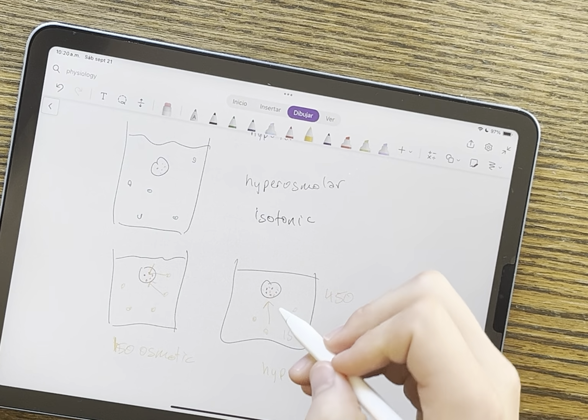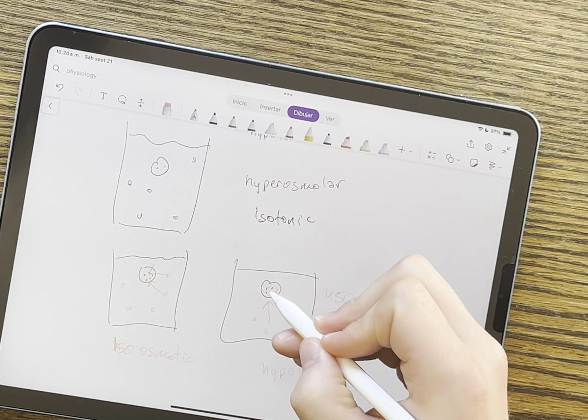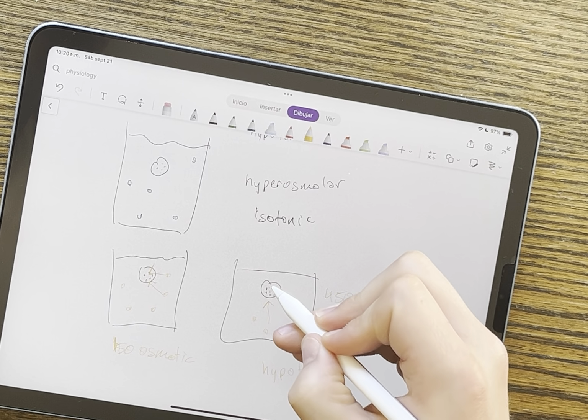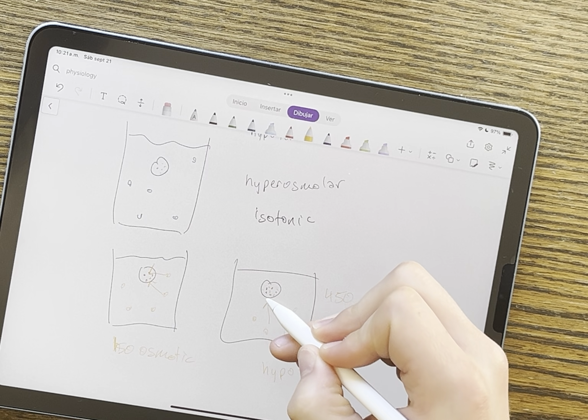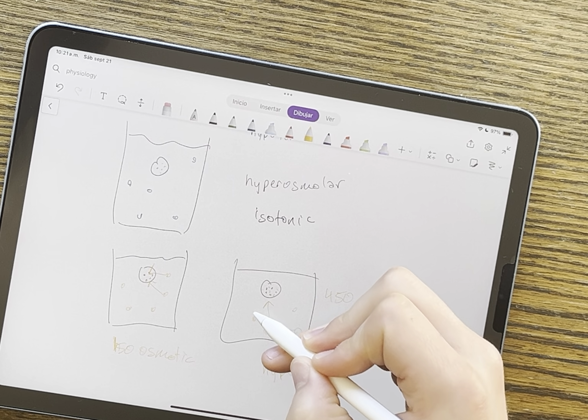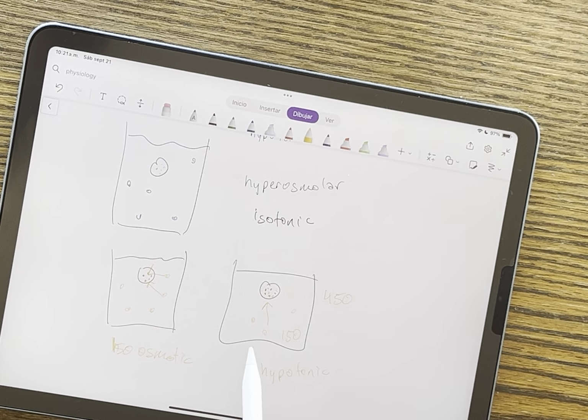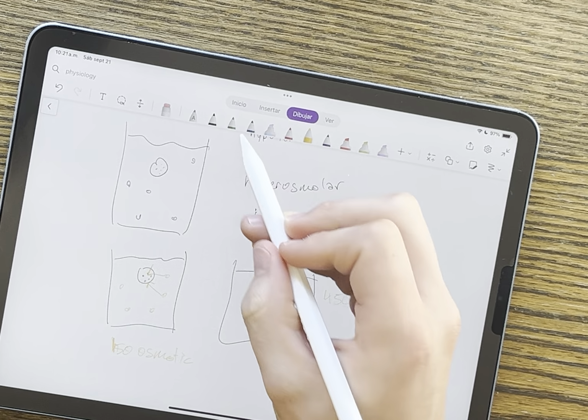If we change and choose the cell as the frame of reference, in this example, we would say the cell is hypertonic to the solution. And because it's hypertonic to the solution, water's going to come in from the solution. We get the same result, but it just depends on the frame of reference. Typically, the frame of reference is always the solution.